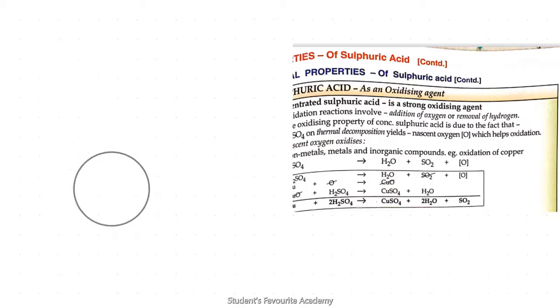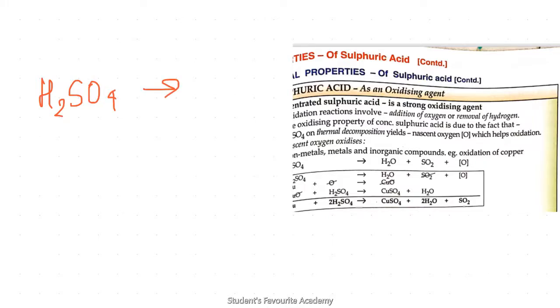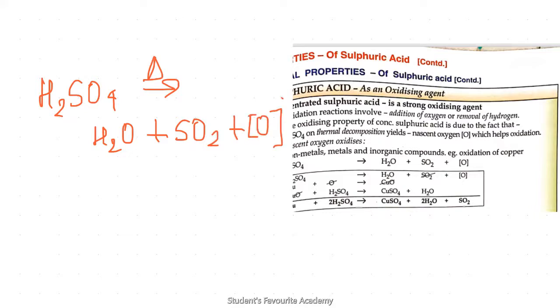As it is there in your book, H2SO4 upon heating undergoes thermal decomposition, which means heat is being applied. It gives me H2O, then SO2, and then nascent oxygen is liberated.